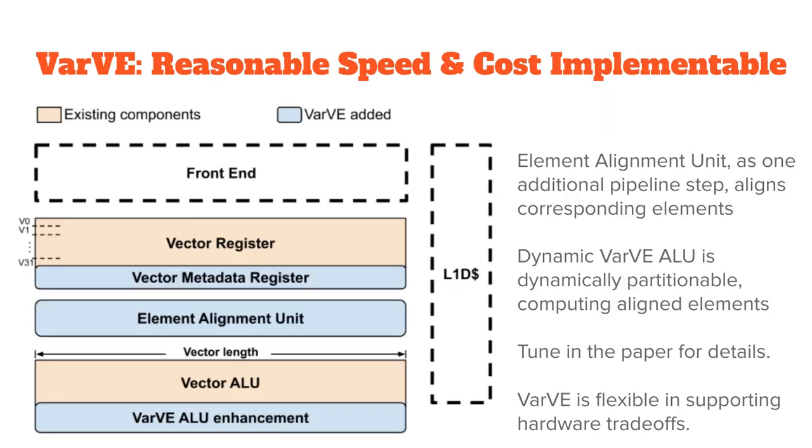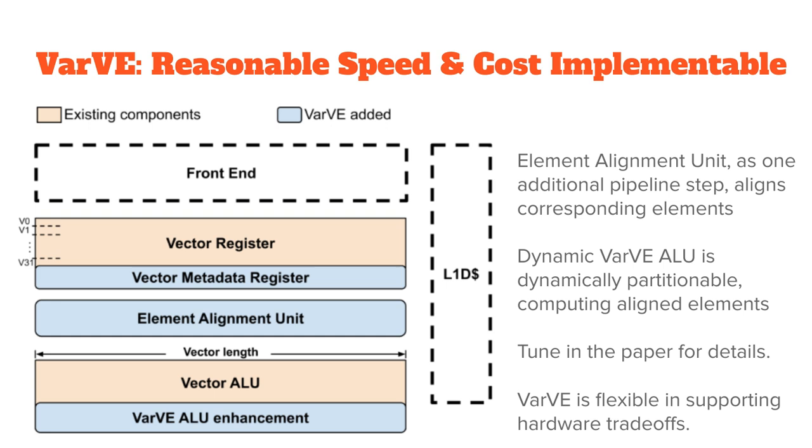We also wanted to quickly note a few things about implementations being reasonable before evaluating VarVE. Additional components are needed to implement VarVE compared to a conventional SIMD or vector length agnostic SIMD. First, as we already described, vector metadata registers are added to mark value width for each vector register.